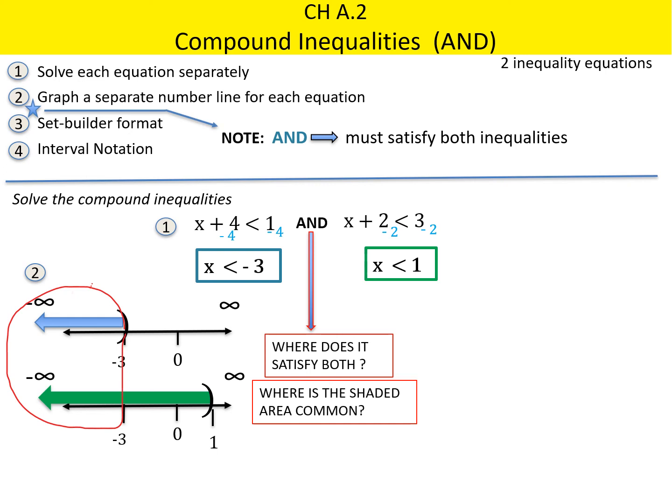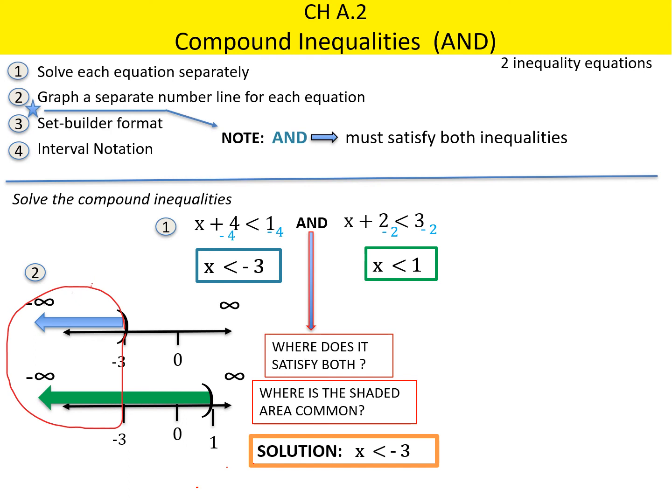Pretty much, if we look at it, it's everything here less than negative 3. So our solution would be... And you come up with a solution? That's right. x is less than negative 3.